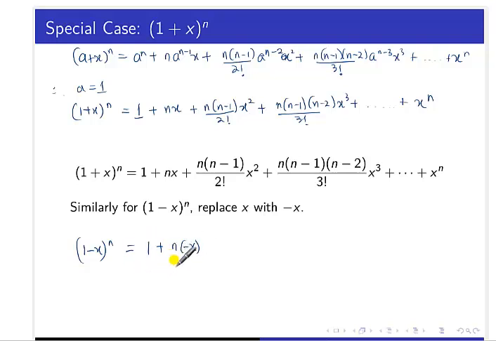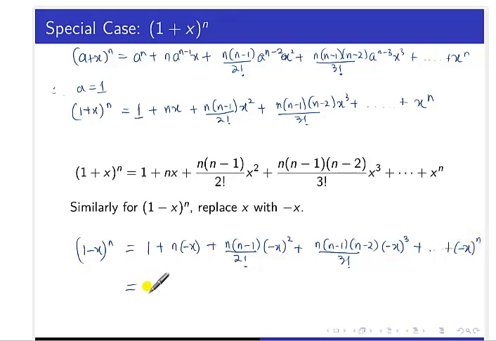So in place of x, we replace minus x, plus n minus 1 all on 2 factorial with minus x all squared, plus n minus 1, n minus 2, all on 3 factorial. Then we have minus x all to the power 3 plus up to the last, minus x to the power n. Okay, now stay with me here.